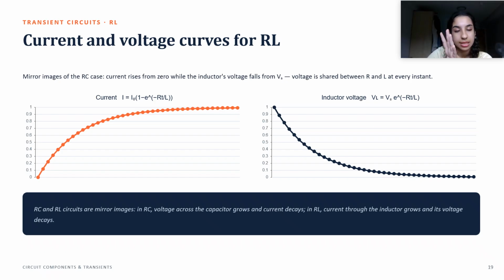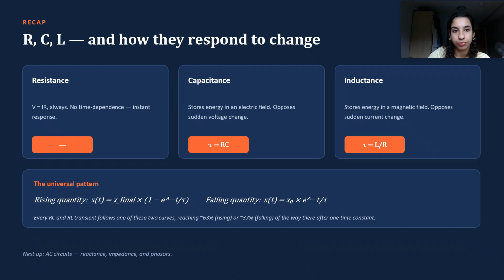It is the same as RC, except they are switched, because both of them do the opposite thing. RC drops the current and RL increases the current. So they're mirror images of the RC circuit. And you've got the formulas again shown.